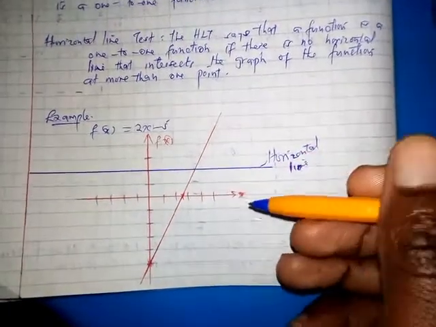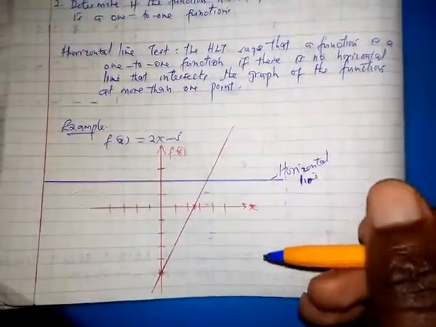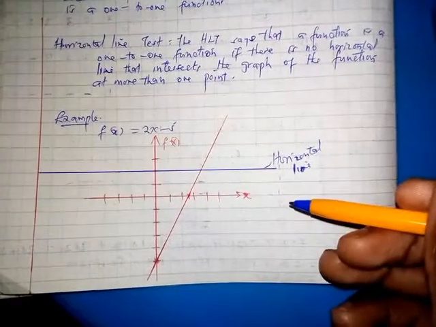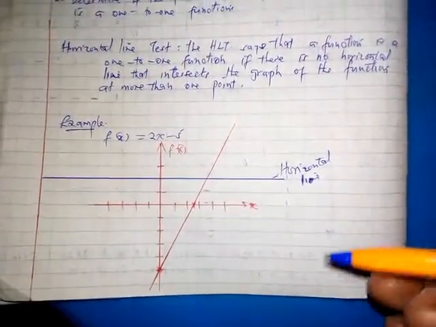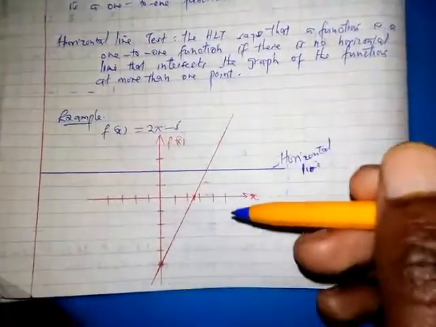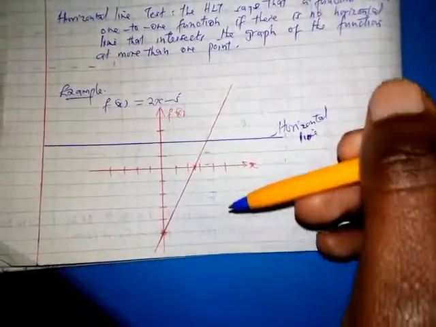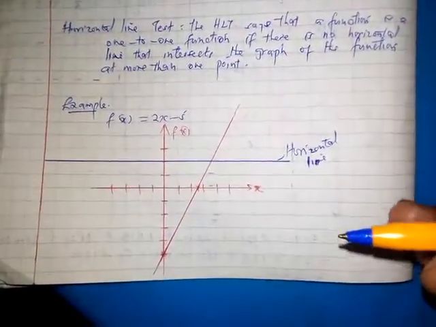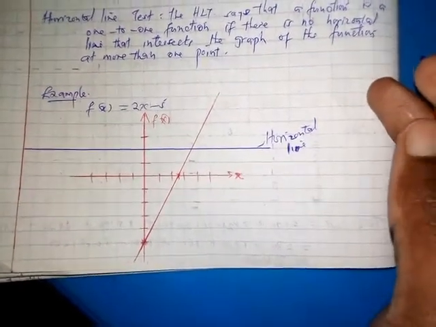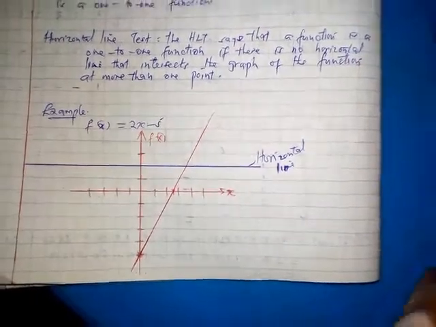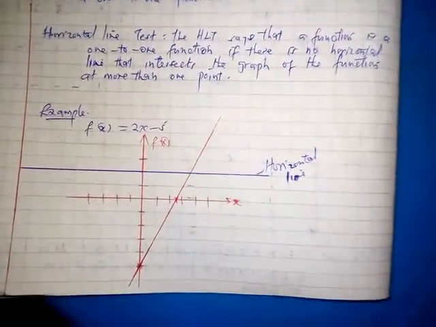Since the line crosses our graph only once, it has passed the horizontal line test, and therefore the function f(x) = 2x - 5 is a one-to-one function, and hence it has an inverse.